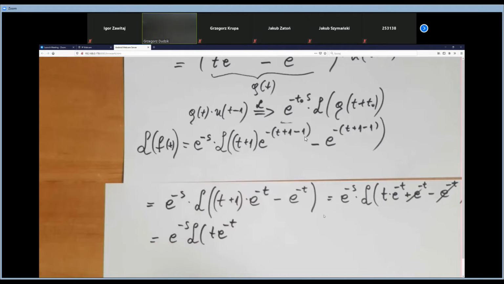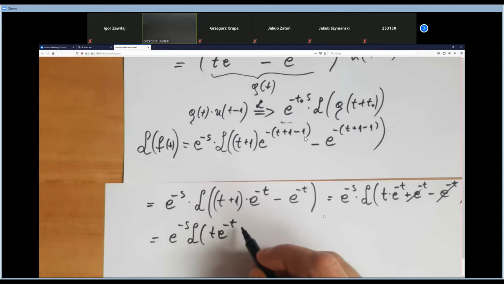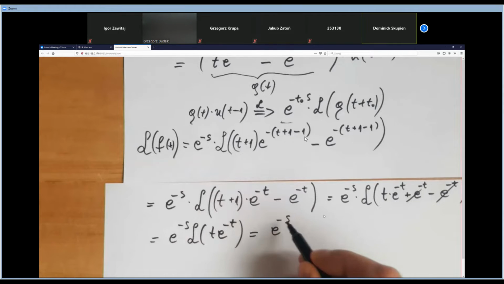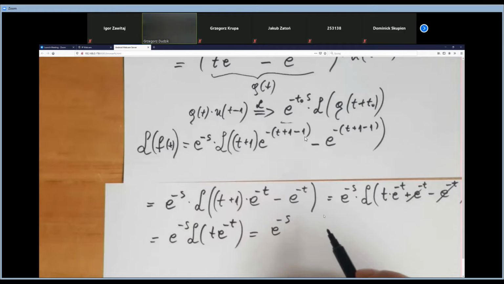Okay. Great. How many is it? 1 divided by (s plus a) squared. Yeah, that's right. Did you find it in the table?